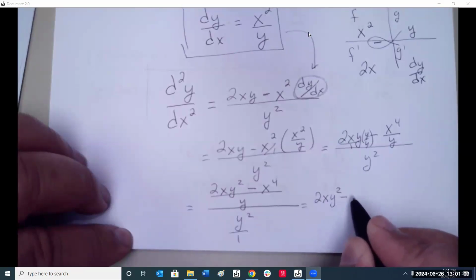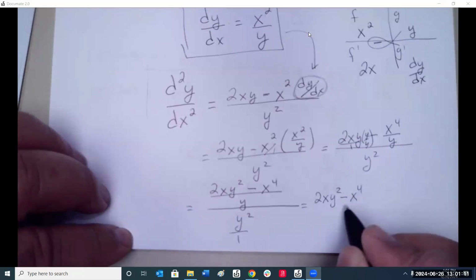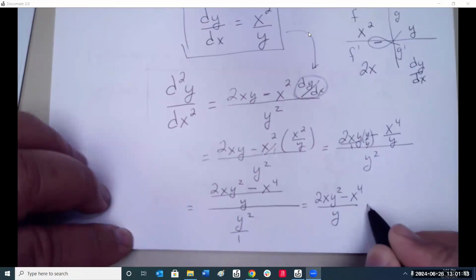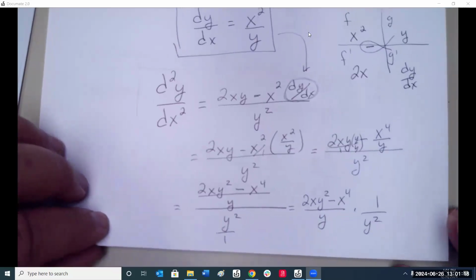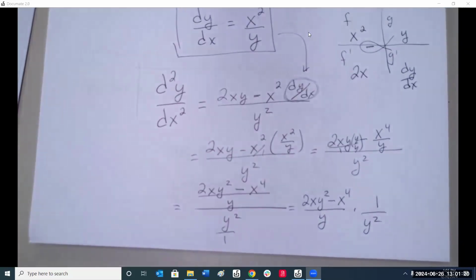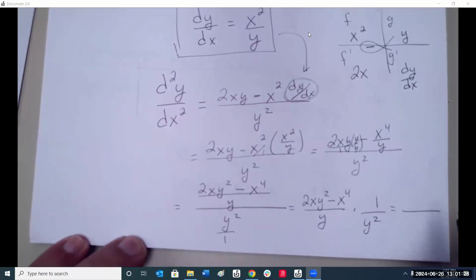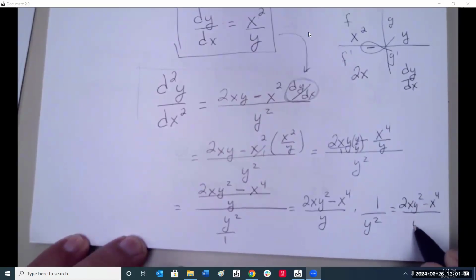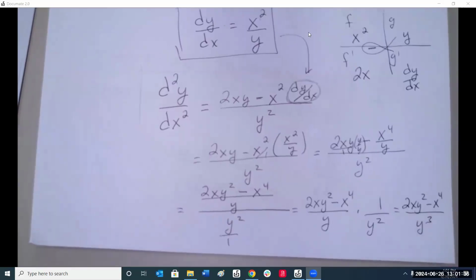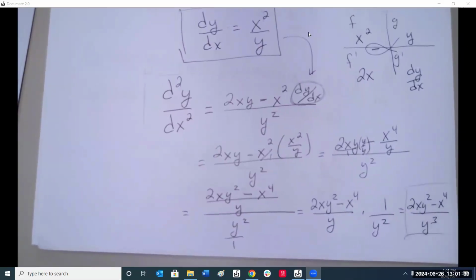Two x y squared minus x to the 4th over y times 1 over y squared. Two x y squared minus x to the 4th over y cubed. And there's your answer.